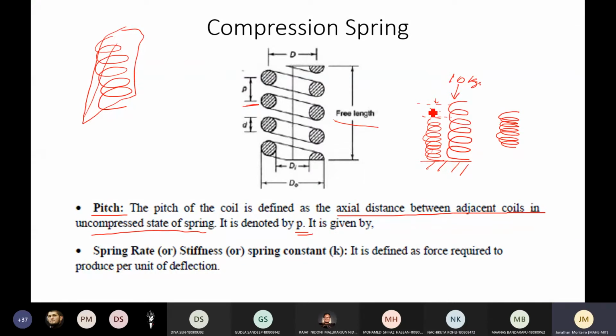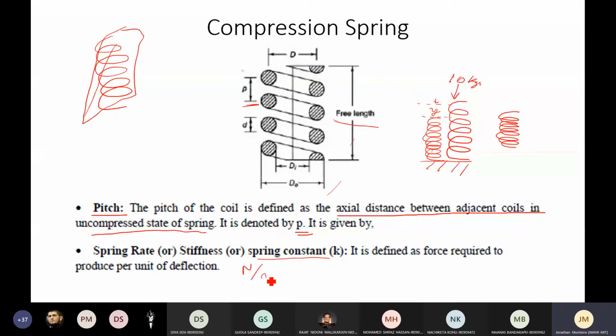Okay. Now, what is spring stiffness here? Coming back to our discussion. What is spring constant or spring stiffness? Force required to produce unit amount of deflection. We saw the deflection in 10, we saw the deflection in 20 or 30. What about if I say 1 kg or 1 Newton of load? Usually it is expressed in Newton per meter.